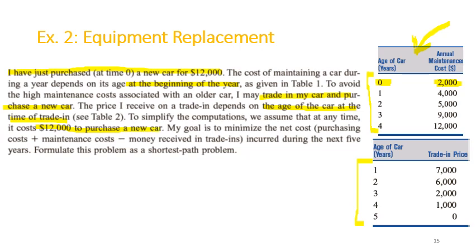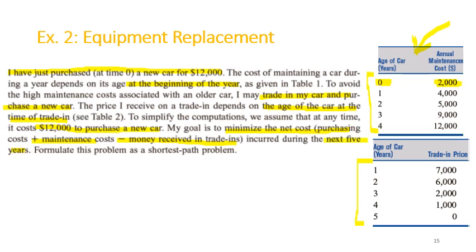So the problem here is that you need to minimize the total net cost, purchasing cost plus maintenance cost, minus the money that you receive from trade-in, from selling your car and then buying a new one, incurred during the next 5 years.